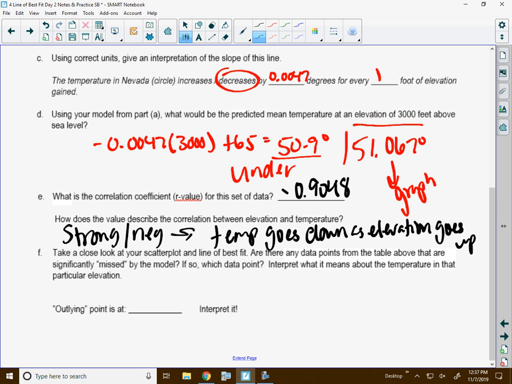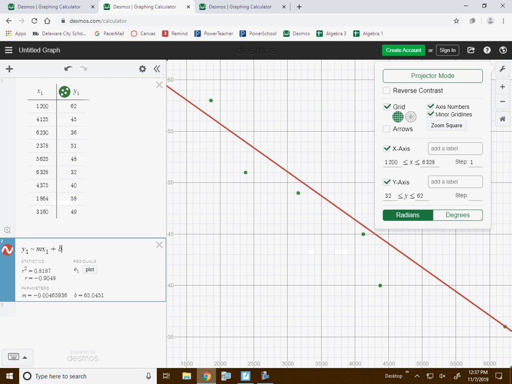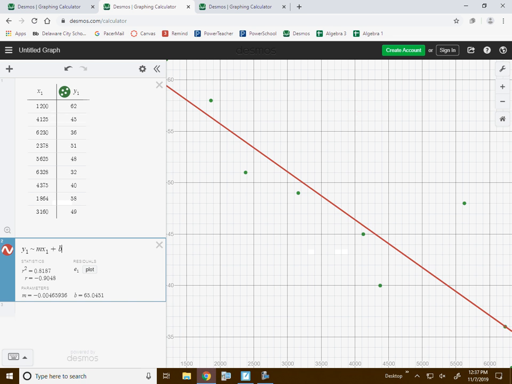Okay, last part. We talked about an outlier before. Do we have an outlier on our graph? Look at Desmos. Do we have an outlier? Is it one that looks kind of farther away from the line than the rest? Yeah. If you tap on it, it'll tell you what it is. Go ahead and record that there on your notes. 5625, 48.